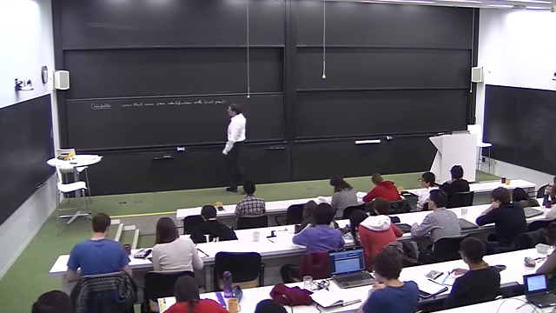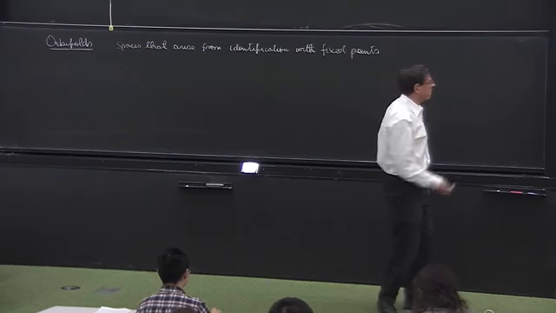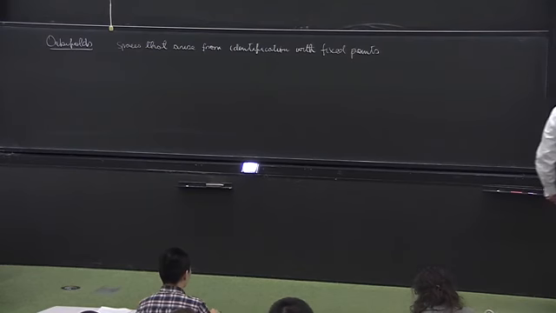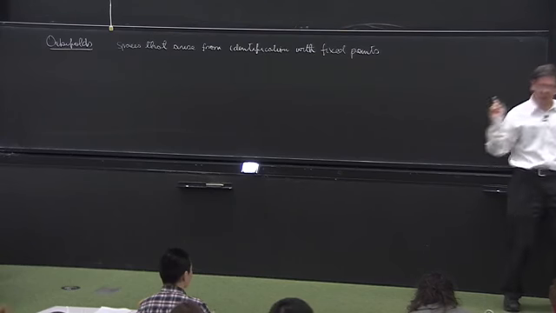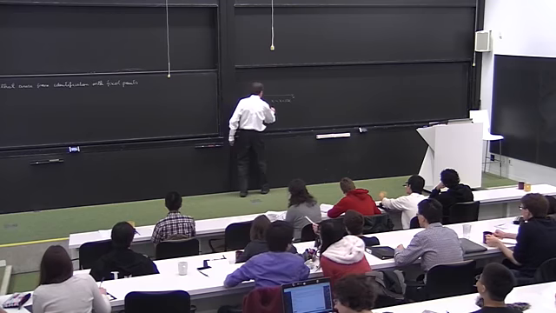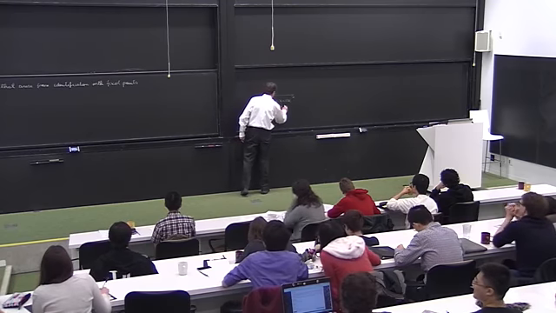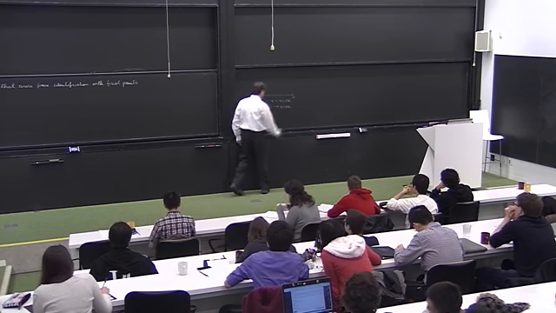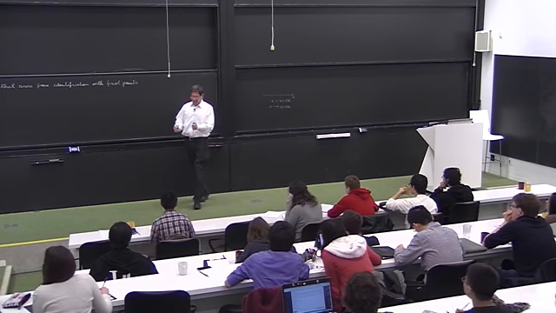So we discussed identifications last time. We said, for example, if you have the real line x, you could say, let's identify x with x plus 2 pi r. And you can think of it as a transformation. x goes to x plus 2 pi r.